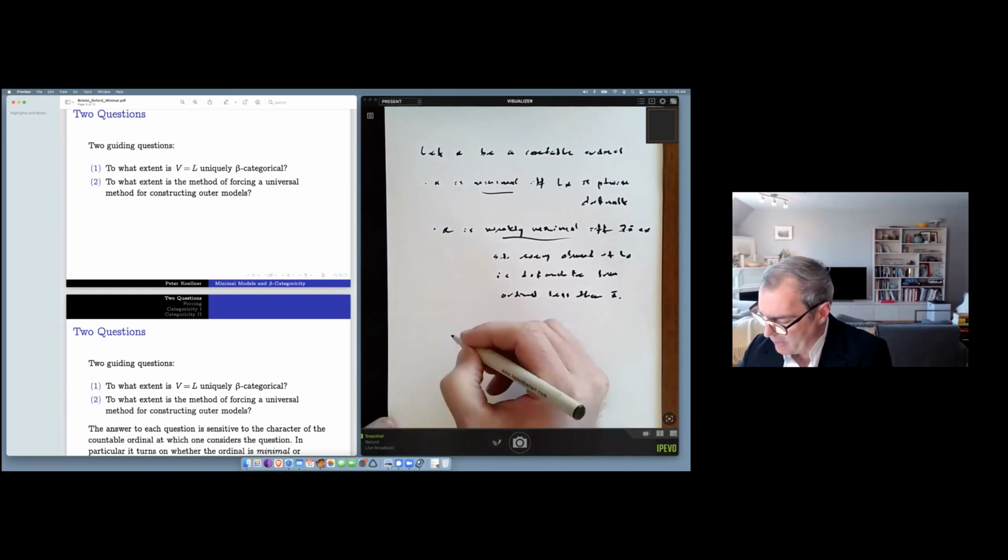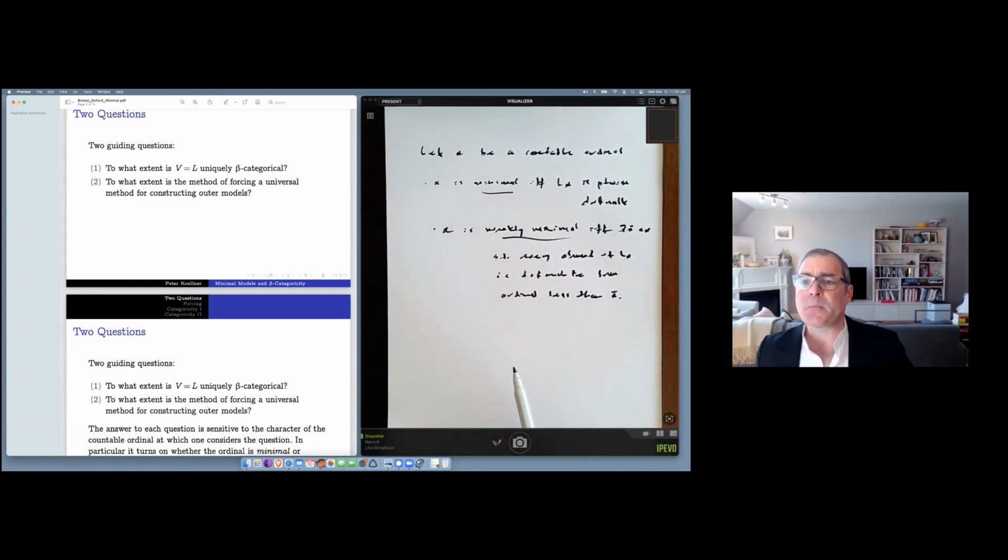And there are grades of minimality. One way to characterize the minimal ordinals is to say that the sigma 1 projectum of alpha plus 1 is omega. The way I like to think about that is that the satisfaction of ZFC for a minimal ordinal is really quite fragile. It's true that L alpha, where alpha is minimal, satisfies ZFC, but if you consider classes that appear at the first possible level, then separation fails for omega, which is to say that the sigma 1 projectum of alpha plus 1 is omega.